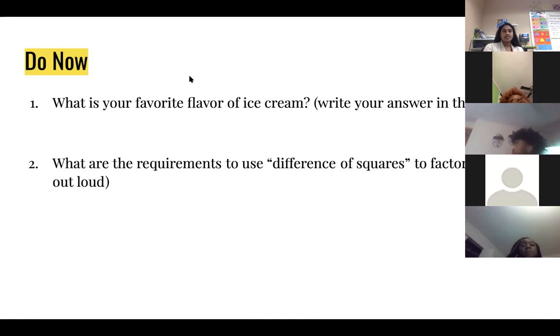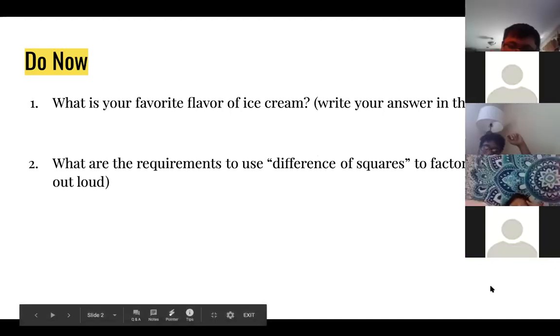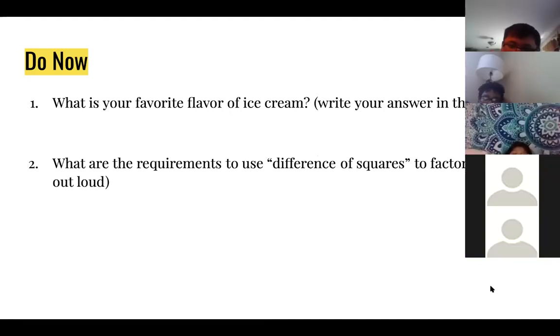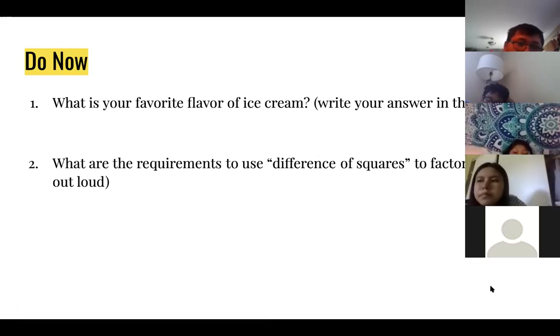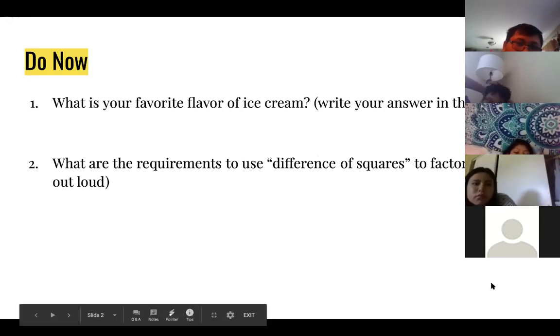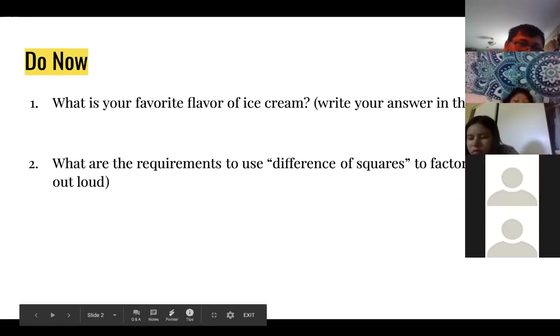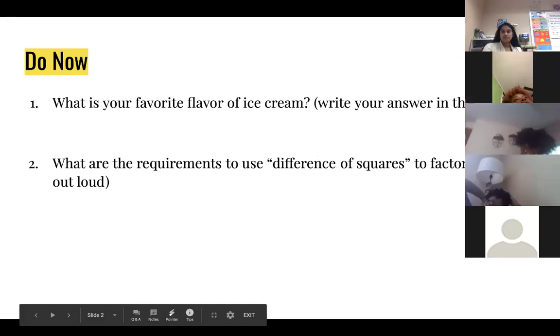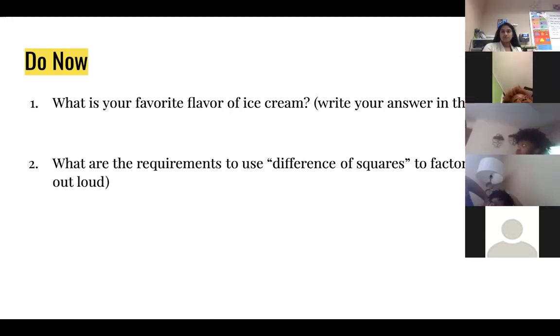All right. Okay, what are the requirements to use difference of squares to factor? What do you think, Q? You probably use it when they got nothing in common.